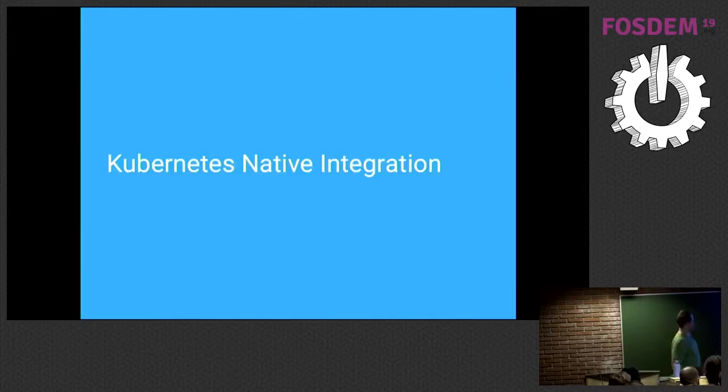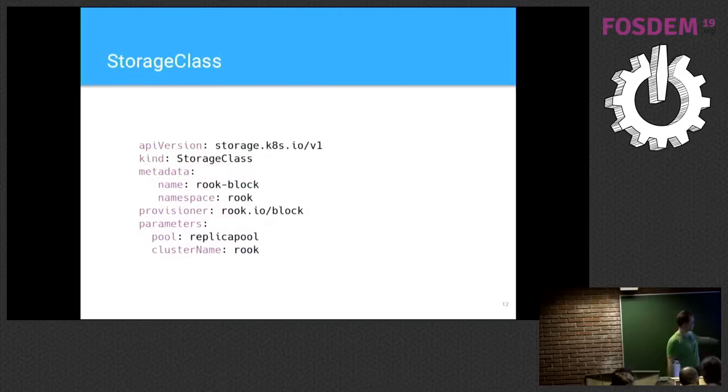Yeah. To shortly go into the further Kubernetes native integration part, besides the so-called custom resource definitions, those custom types of objects we can create, we already have storage classes in Kubernetes, which allow us, the admin most of the time, to specify which provisioner and certain parameters for this provisioner are to be called.